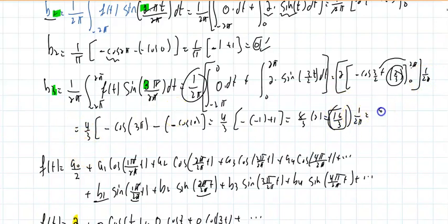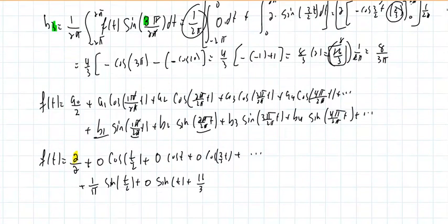That turns out to be 8 over 3 pi, because 2 divides 16 8 times. My mistake. Plus 8 divided by 3 pi times the sine of 3/2 t, right? And that's where we stopped.